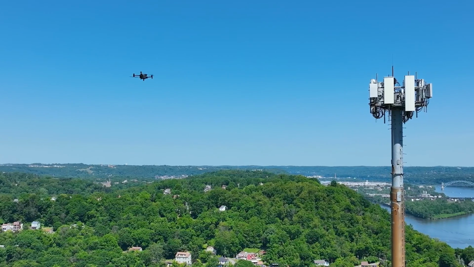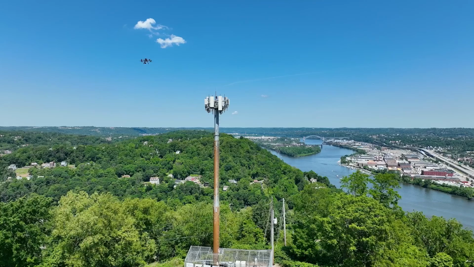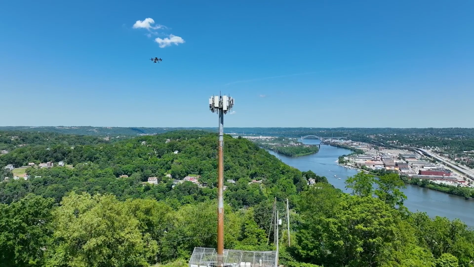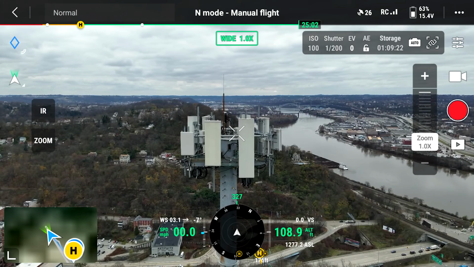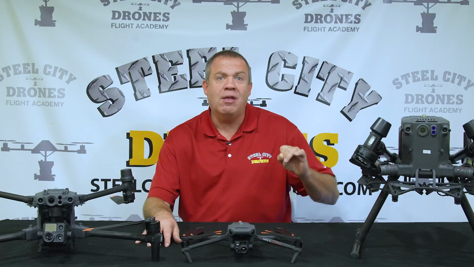When we're looking at a cell tower, we like starting out right around 200 feet, then coming in about 100 feet away, then if we need to, we'll move in closer. So this aircraft is a little less than we would like to see.